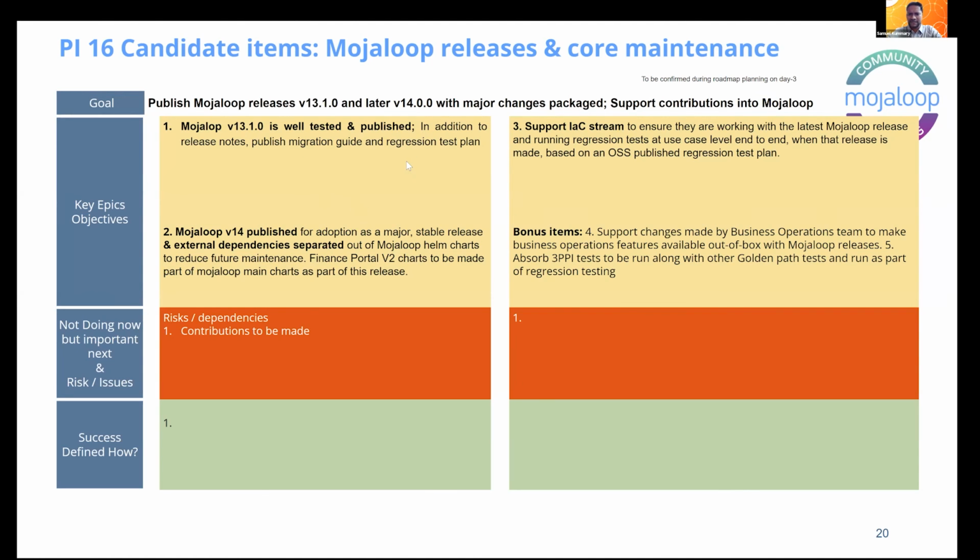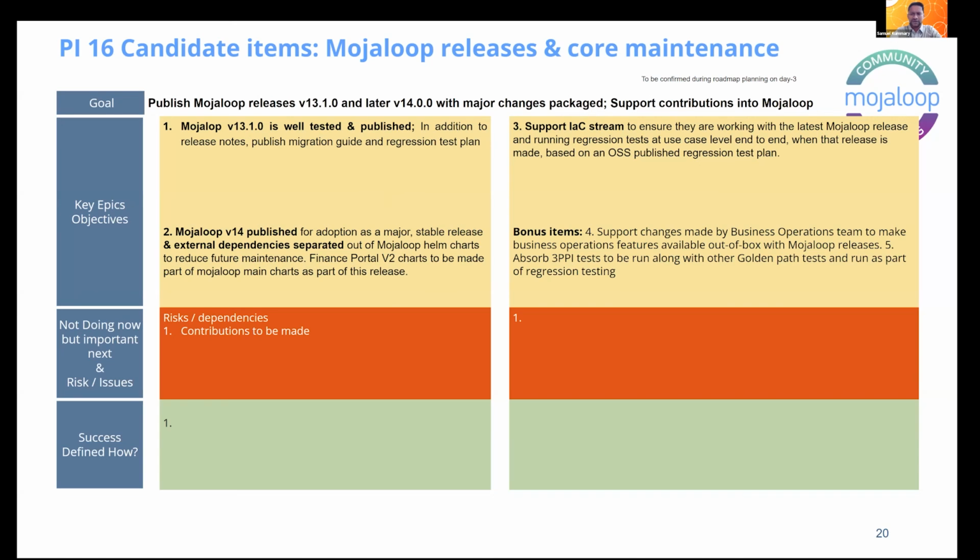To add to what everyone said in this call, we are seeing a convergence of various work streams and deliverables into a single product. So when we have V14, what we will likely see is that along with the third-party payment initiation features, which are well tested, we will also have the finance portal V2 as part of V14, along with the business operations features as well.